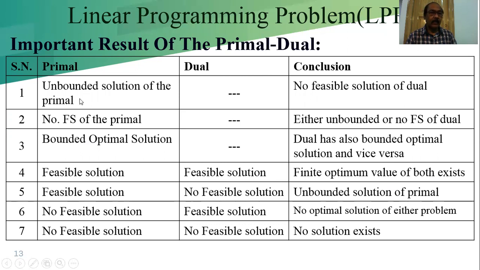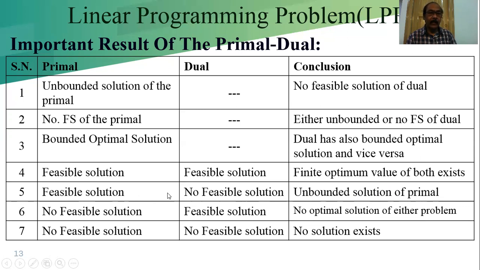Now see, the primal has a feasible solution, but the dual has no feasible solution. Unbounded solution of the primal. This is feasible, but may be unbounded. From that we conclude an unbounded solution.